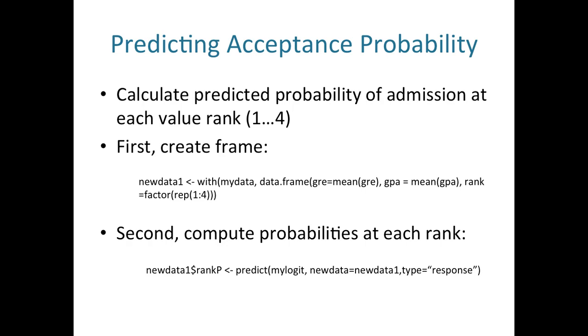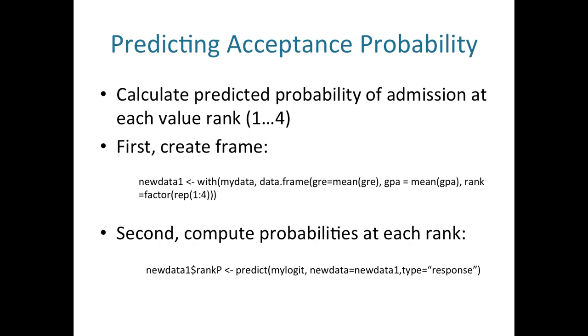So the probabilities that it's going to output are the probabilities that, given that set of features, the student is going to be admitted or not. Those are the ones we want to be looking into. The independent variables that we want for our test data set are what we build with the first line of code there, with the new data one.